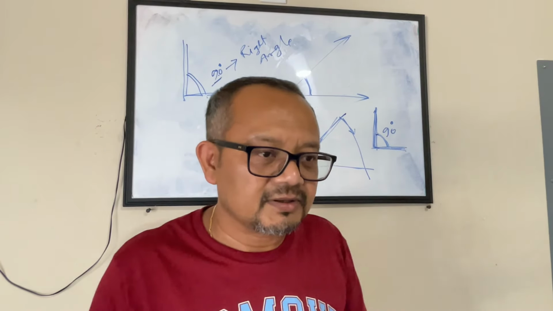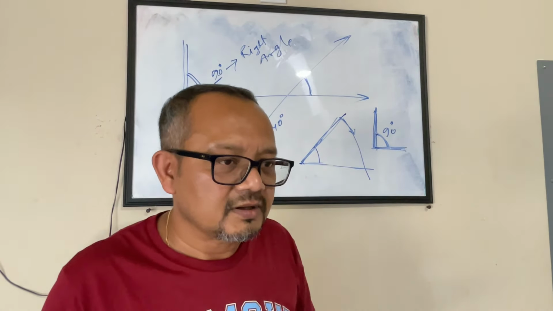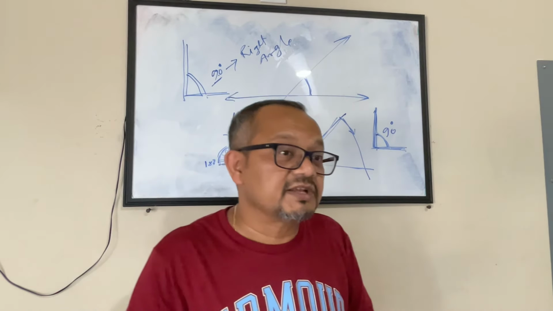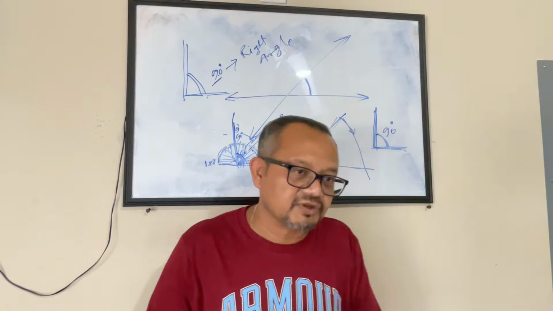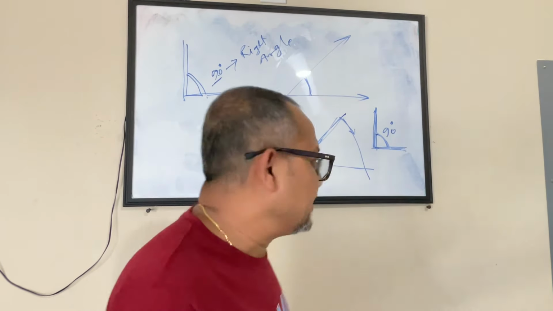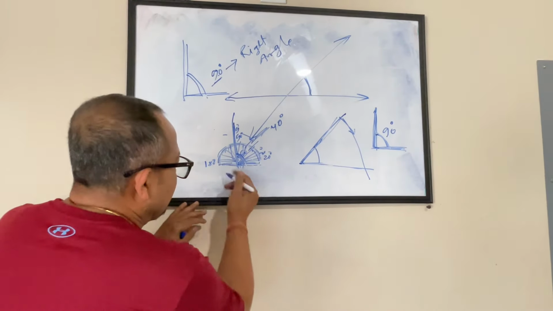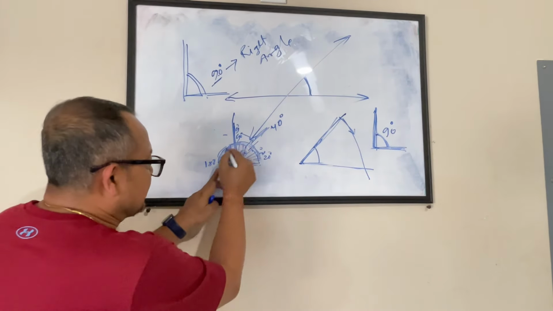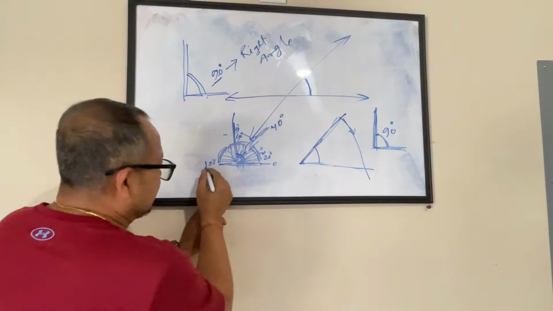Sir, people say something like a circle is 160 or 180. No, a circle is 360. We'll come to that. Very simple, right? I was saying that the protractor that you would have seen at home is like a semicircle, and it has from 0 till 180 degree.